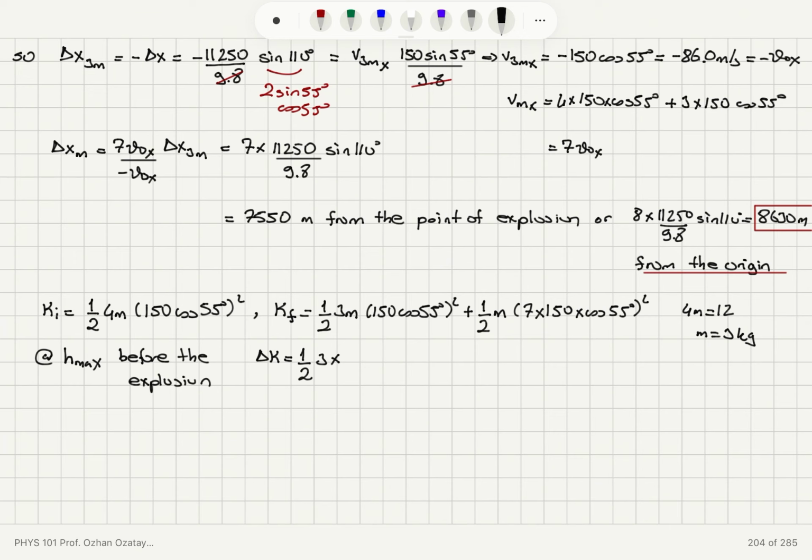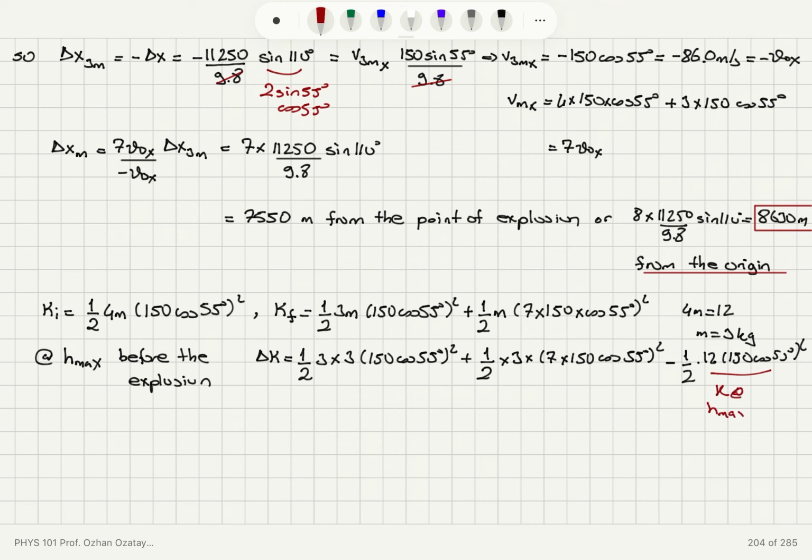So 1/2 times 3 times 3, 150 cosine 55 squared, plus 1/2 times 3 times 7, 150 cosine 55 squared, minus 1/2 times 4m, which is 12 kilograms, 150 cosine 55 squared. So this is, again, the initial kinetic energy at h max.